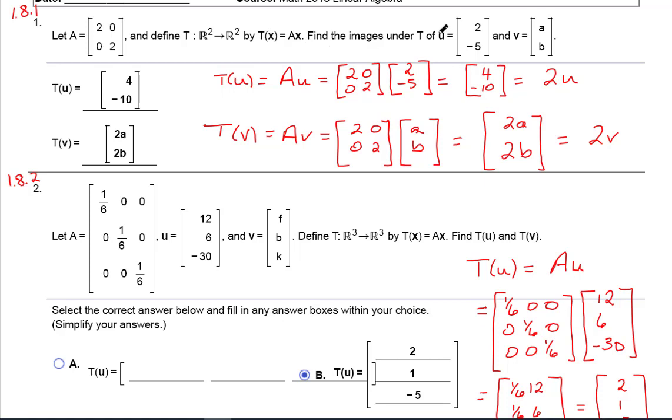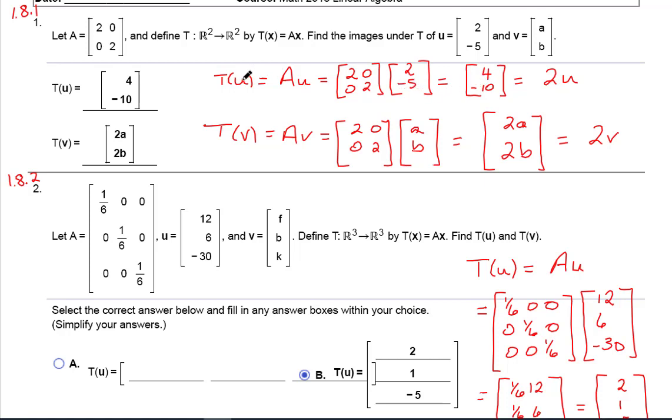So what's the image of u and v under the transformation? Well, T of u is A times u, and T of v is A times v. So this is simply multiplying our matrix A by each of the vectors. And so this is simply matrix multiplication.